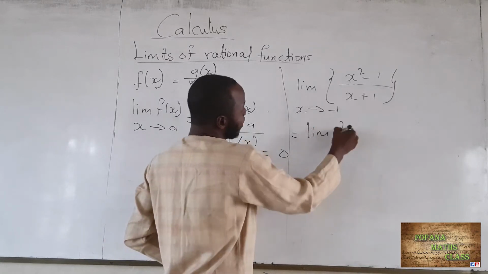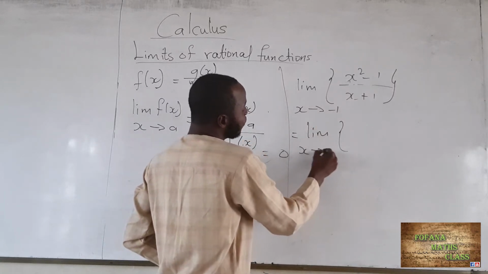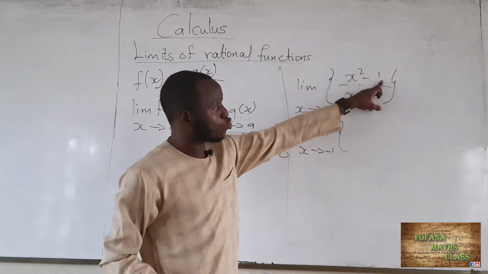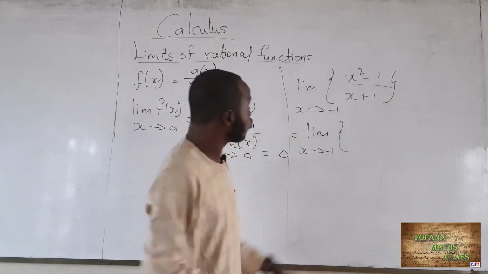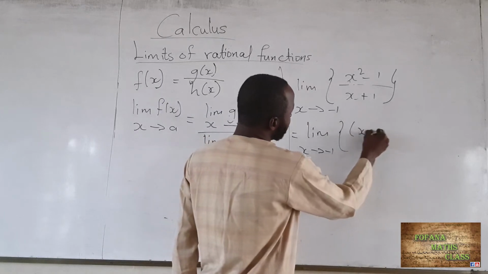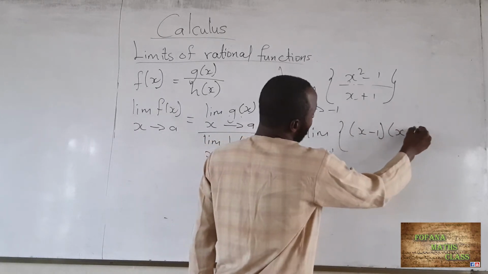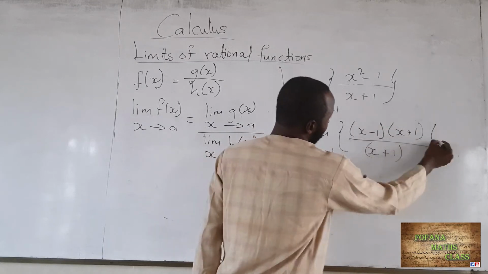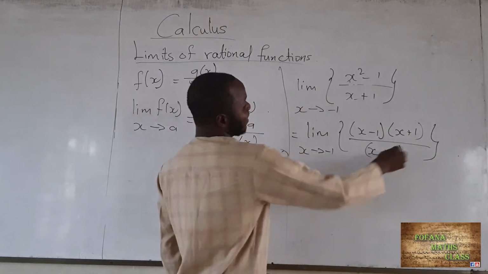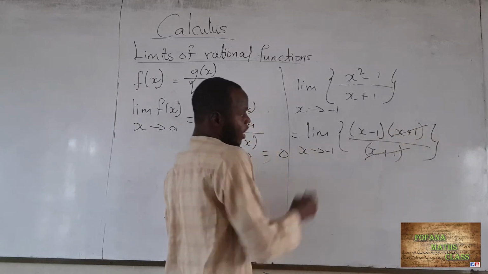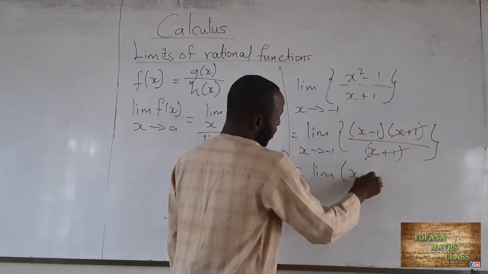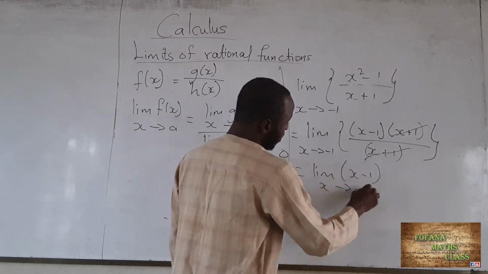When you look at the expression very well, we have a difference of two squares in there. x squared minus 1 can be expressed as x minus 1 times x plus 1, over x plus 1. So you realize that x plus 1 cancels, and we are left with the limit of x minus 1 as x approaches -1.